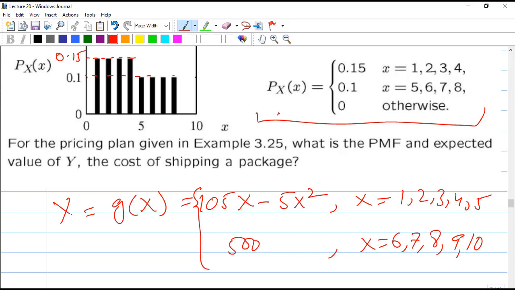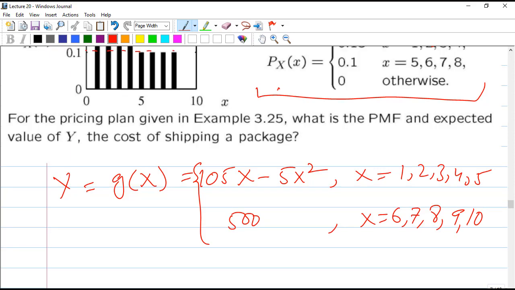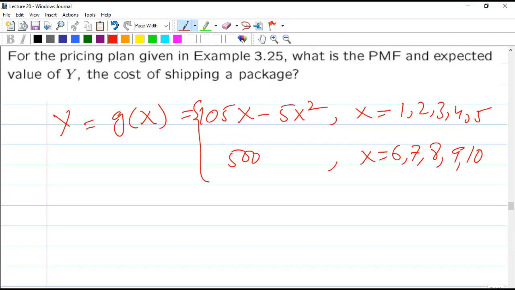So for the same pricing plan, what is the PMF and expected value of y, the cost of shipping a package? So we have to find the PMF and the expected value of y. Again we have to go through the same steps. We have to find the range of y for this example.